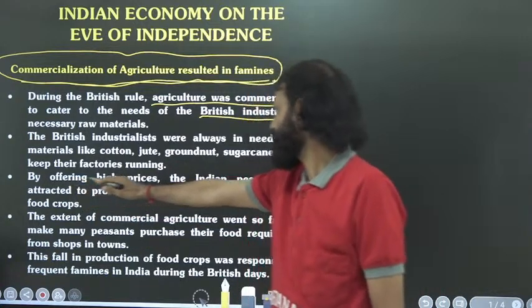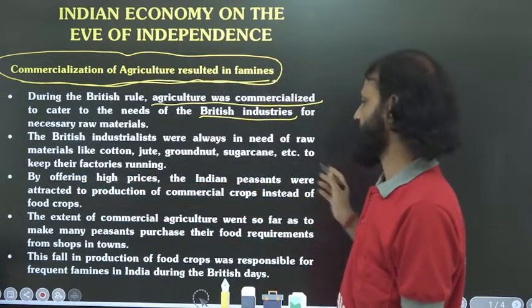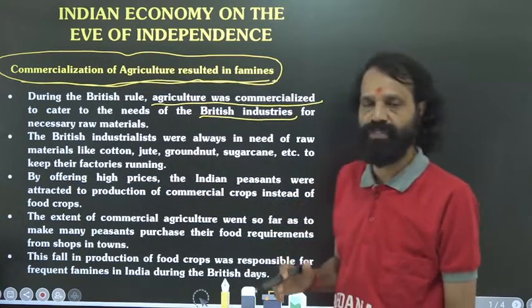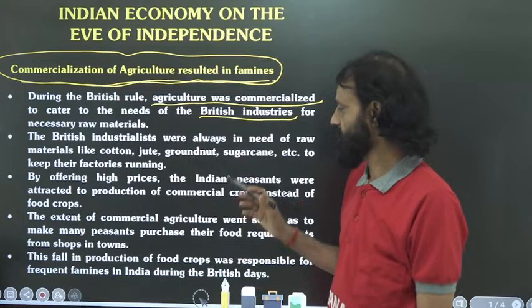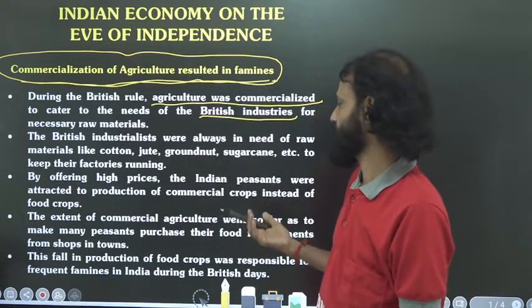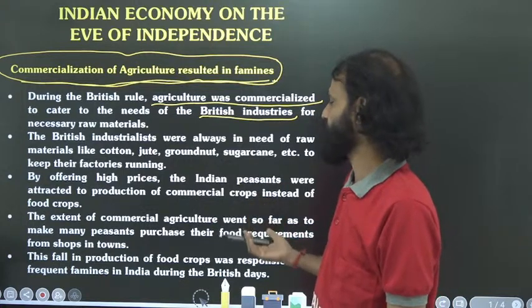By offering high prices, the Indian peasants were attracted to production of commercial crops instead of food crops. So the British government forced Indian peasants to produce more cash crops.